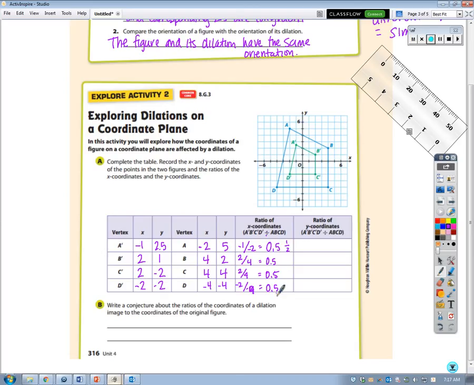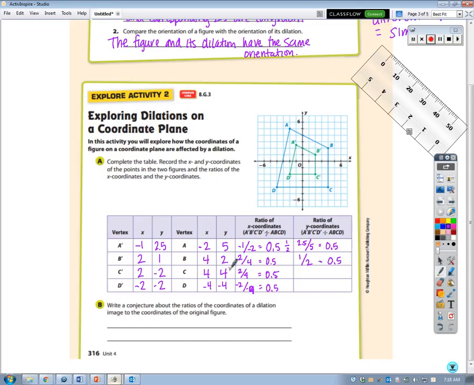Now let's take a look at our y-coordinates. So we've got 2.5 divided by 5, and that gives us 0.5 or 1/2, same thing. We've got 1 divided by 2, and I'm just pulling these from the table, right? So I've got 1 divided by 2, which is 1/2.